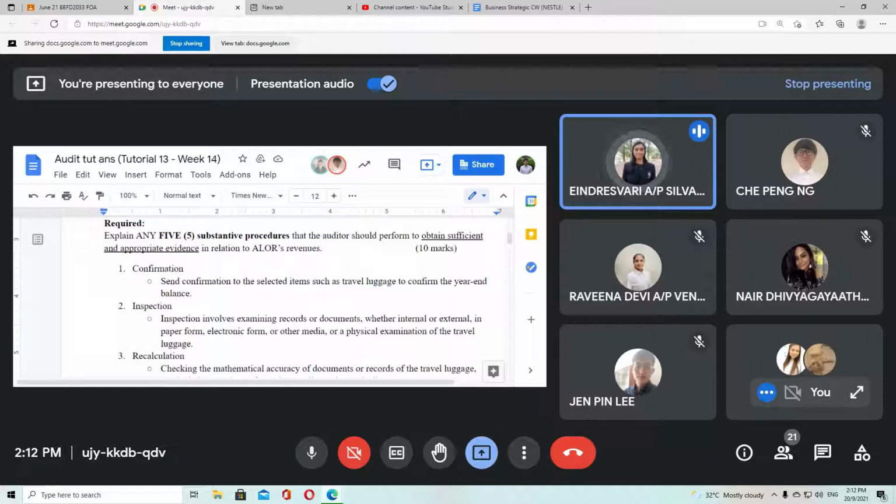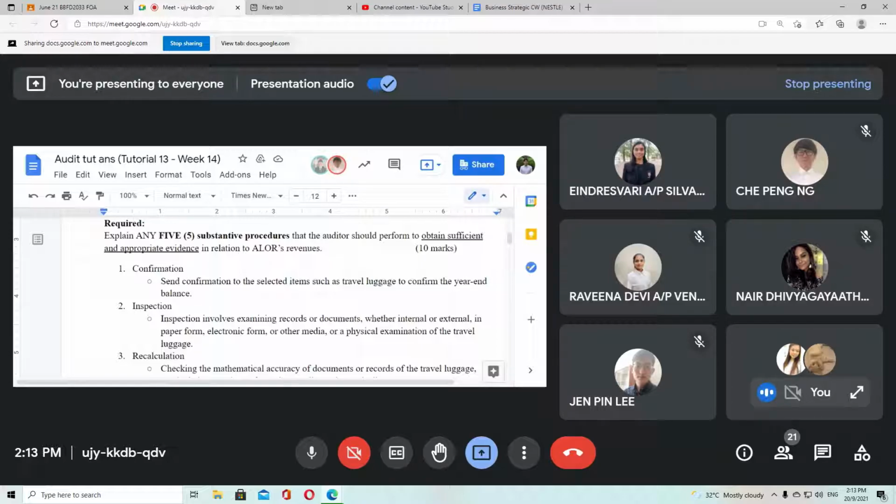And the bag requires your confirmation? No. Is luggage a living thing? Come back to basic science. Only a living thing, which is a human being, can reply to confirmation. Are you clear with that? Yes, Miss. Okay, so the first procedure is incorrect.